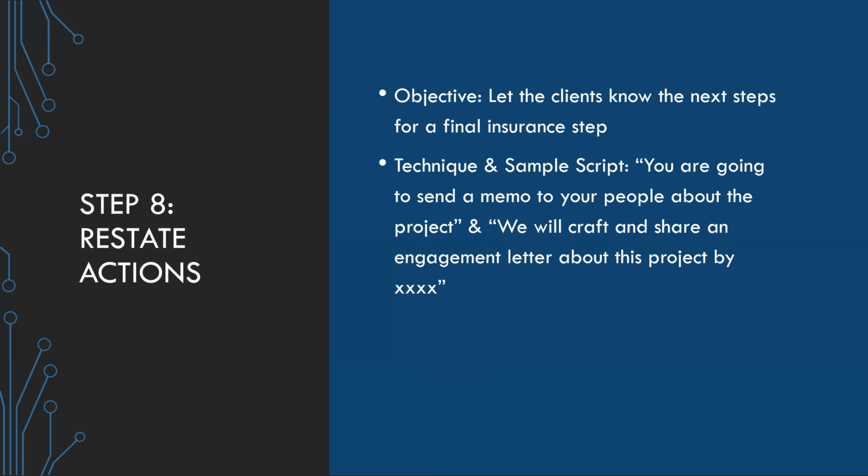By providing specific action items, the clients will feel they are in good hands. They know exactly what to do, what to expect, and when, right? So by following these 8 steps, you will ensure that the contracting stage goes fairly smoothly and both parties have a pleasant experience.